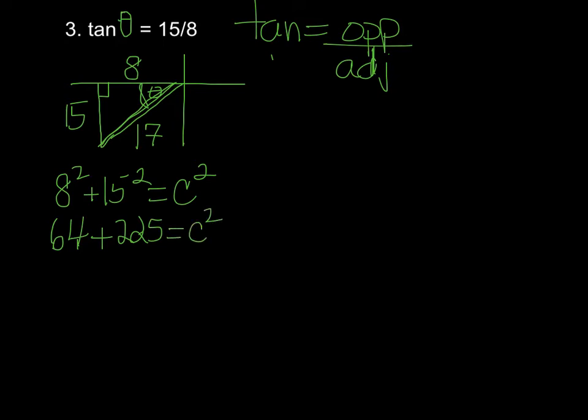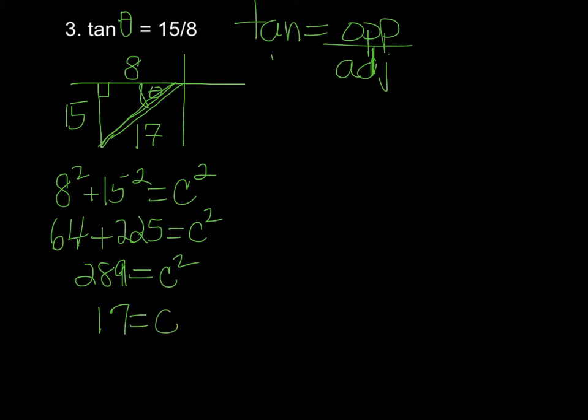Okay, and then all you have to do from here is just do your 64 plus your 225, which is going to be 289. And that's going to give you c squared. And we take the square root of that, and then you will get 17 for your c value.